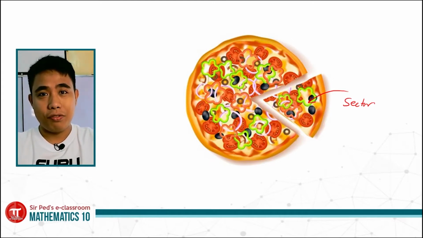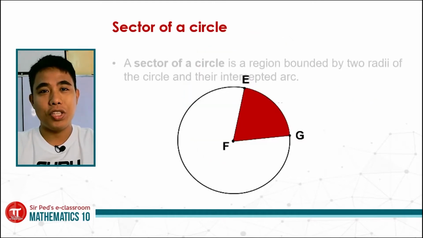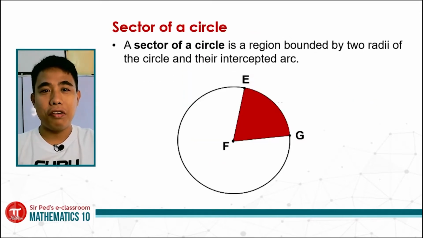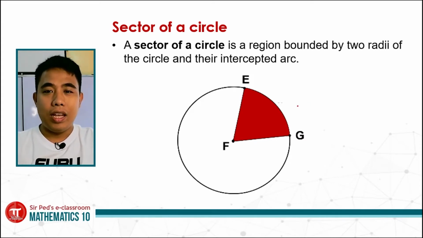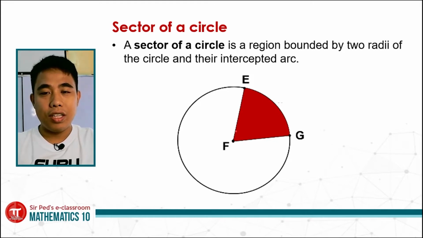So let's first start with the first slice of the pizza, which is the sector of the circle. A sector of a circle is a region bounded by two radii of the circle and their intercepted arc. In our illustration, consider circle F, and segment EF is a radius of the circle, also with segment FG.